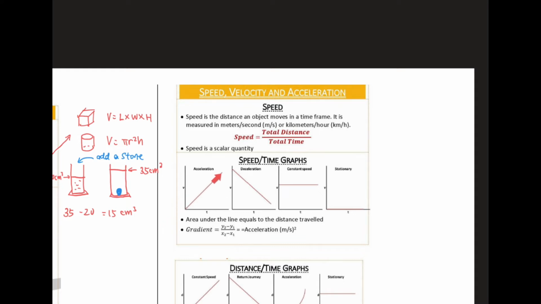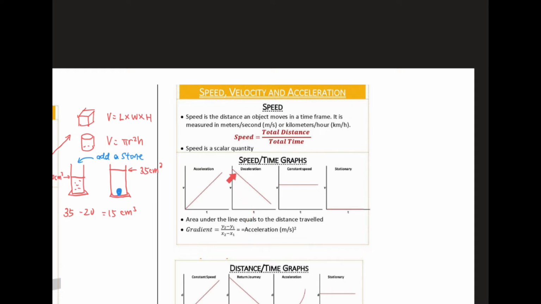Why accelerating? Because the gradient represents the acceleration. So you see this graph has gradient. If you think of the gradient formula, which is gradient equals y2 minus y1 over x2 minus x1, you can calculate the gradient. The gradient has a value. If the gradient has a value, that means it is accelerating.